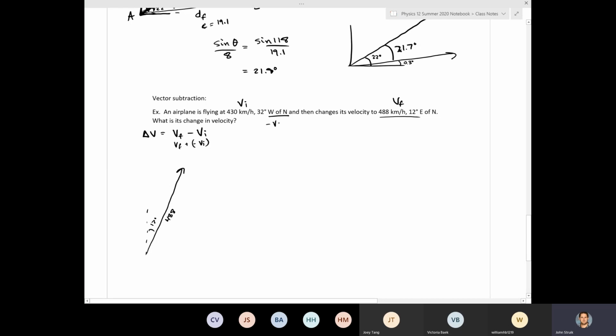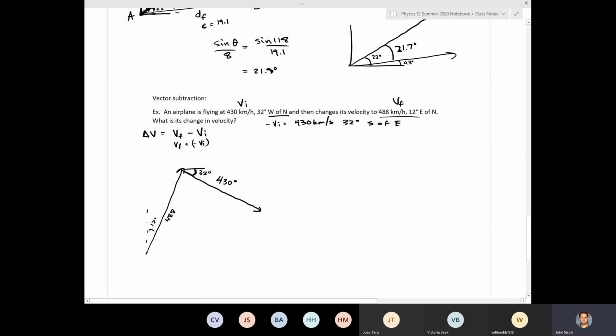So negative VI is equal to 430 kilometers an hour, 32 degrees south of east. It's going the other way. So we're going to add this vector to our first vector, going 32 degrees south of east. That's something like that. 430, so not quite as long, but still pretty close to the same. This angle right here is 32 degrees.